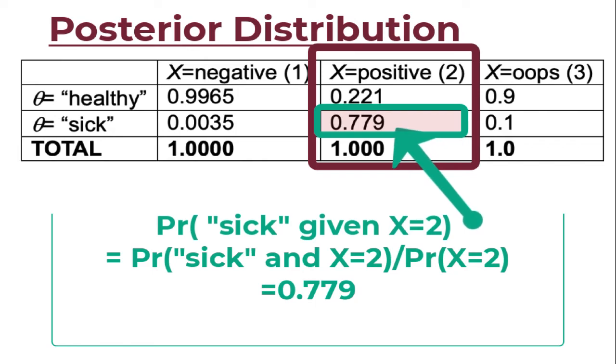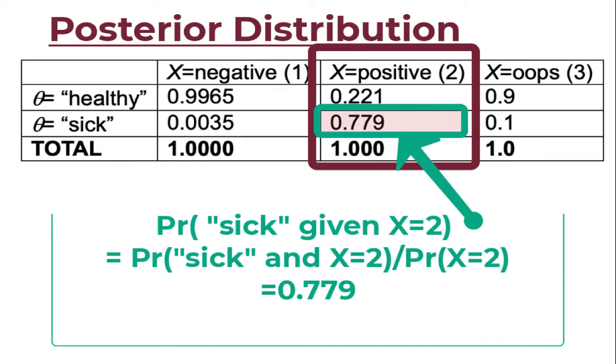And looky here, now each column does add up to 1, and each column is a probability distribution. If you ask what is the probability that the patient is sick, given that a test result is positive, well, given that the test result is positive means you're in the second column here. Okay? So given what I knew before, the prevalence, plus what I know now, the data x, combining those two sources of information together, my current belief is that there is a 77.9% chance that the patient is sick.